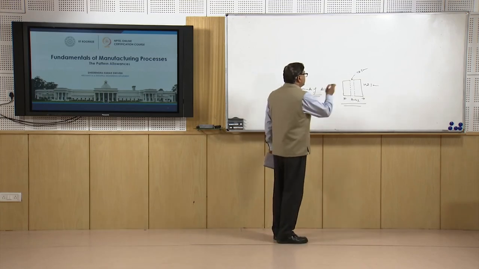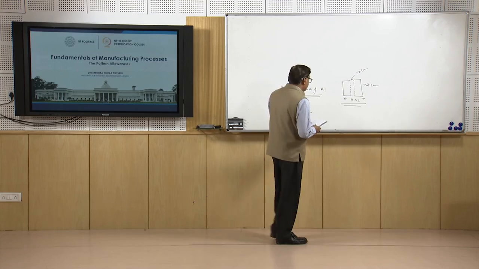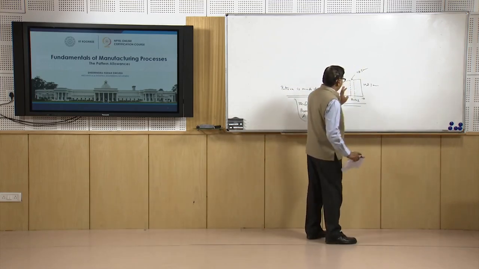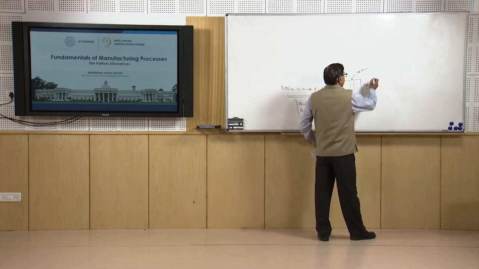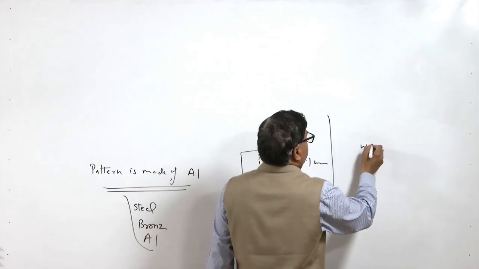So instead of say aluminum, if we consider any other metal like say the magnesium, if this is the pattern of the wood, consider that this pattern was made of the wood.